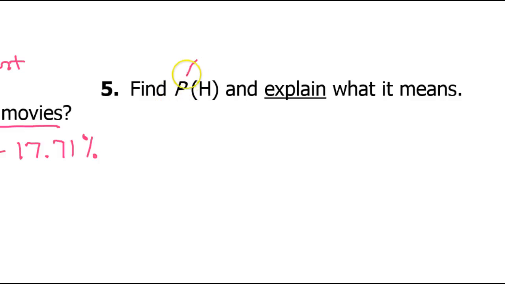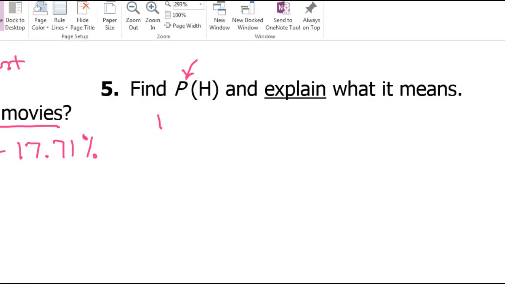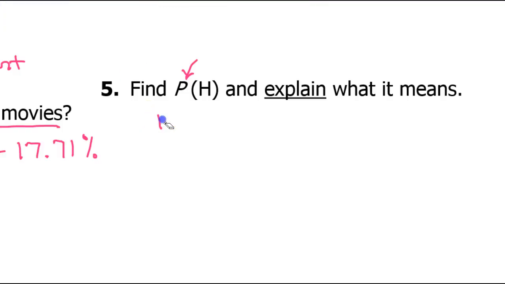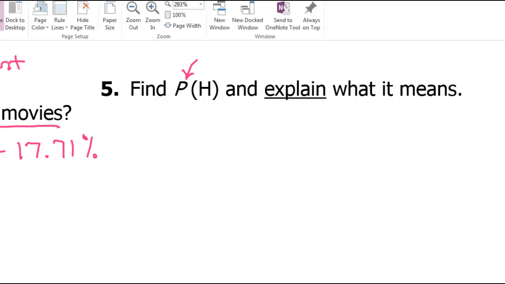Well, this P stands for probability. And of course, the H stands for the number of students who liked The Hobbit. So this means the probability, let me type this. The probability of randomly picking a student who liked The Hobbit.